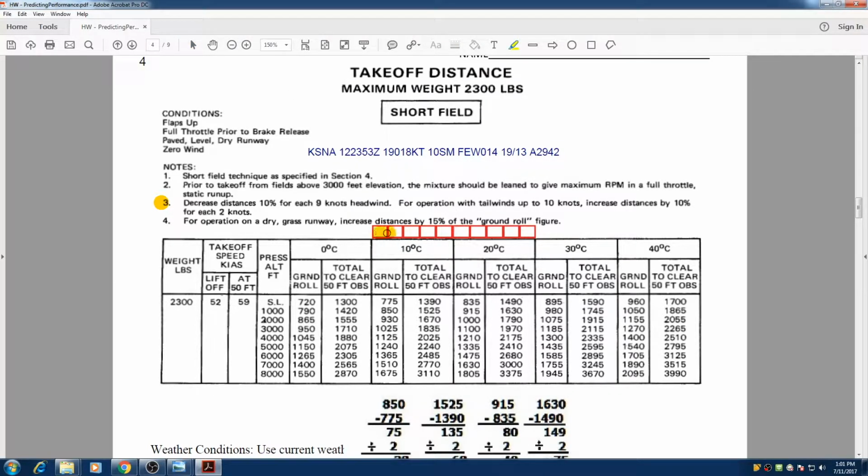We are looking about right here, so about this much distance is gone from 10 degrees to 20 degrees. At 10 degrees Celsius, for a ground roll we need 700 feet, versus if the weather gets hotter, at 20 degrees, we have 835 feet at sea level. So we have to find 500 feet first to find the numbers between these two.